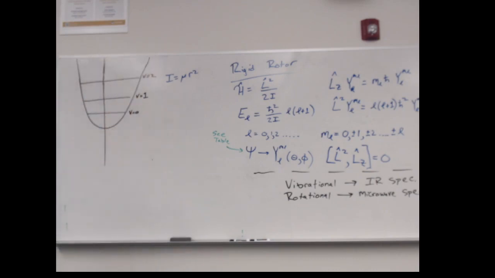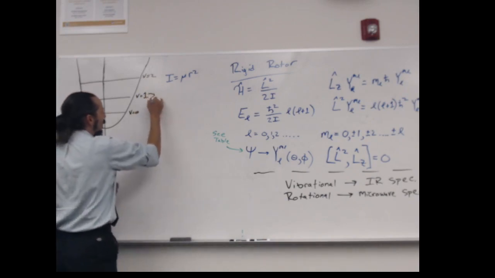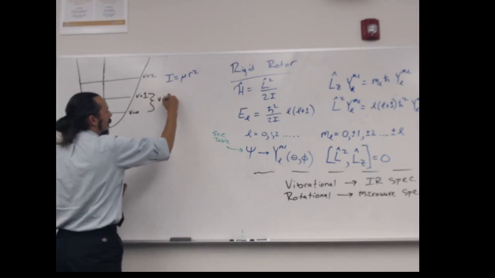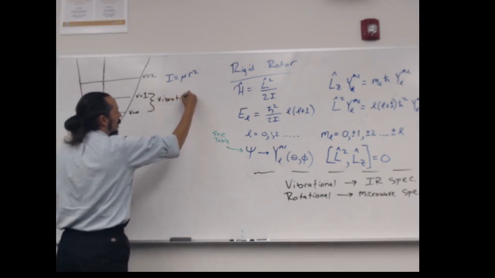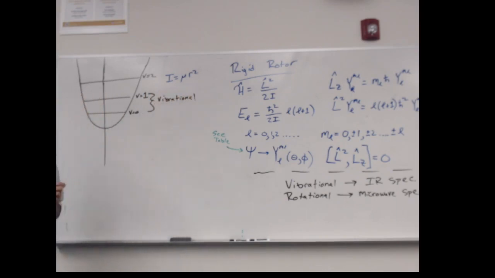This difference in energy between these two, that delta V equals plus or minus 1, gives us the vibrational spectroscopy. That gives us IR spectroscopy.